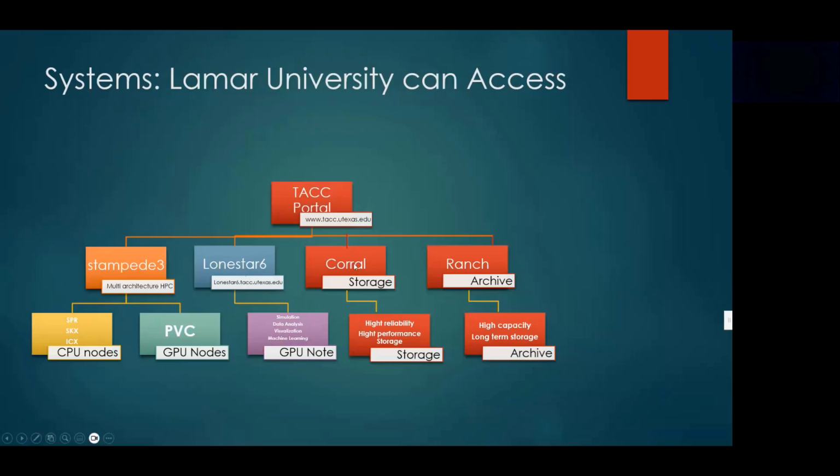Here, the storage is high reliability, high performance storage. I'm going to show slides on how much space, probably something like 5 terabytes. The archive uses the same username, but this is an individual system, an individual supercomputer.